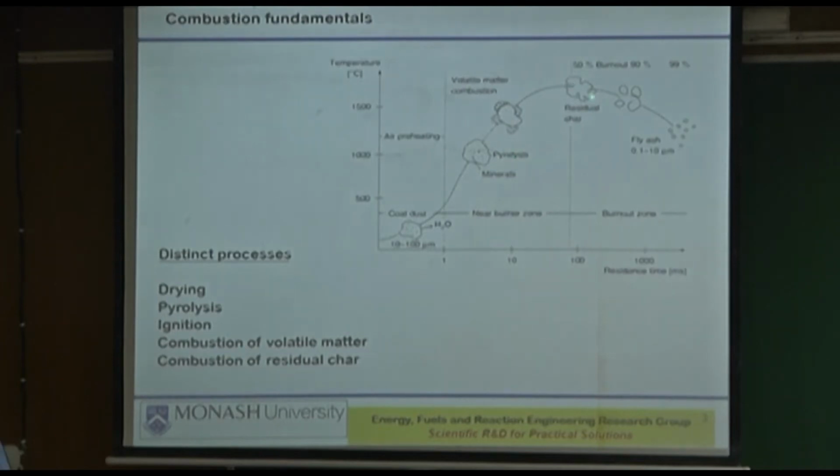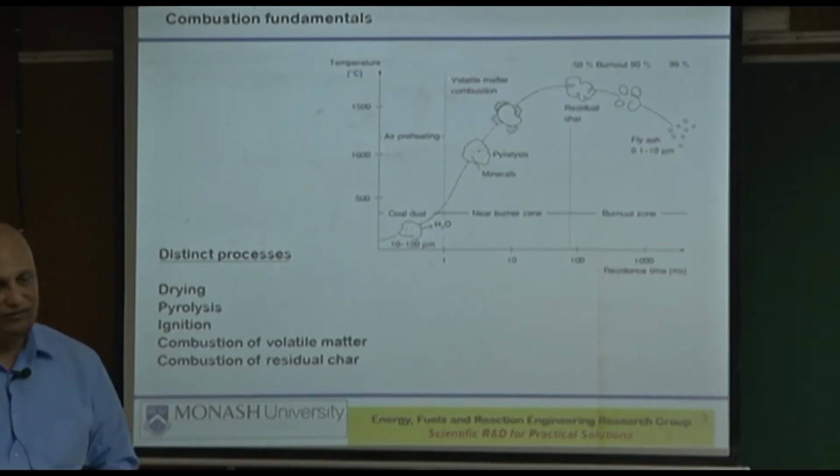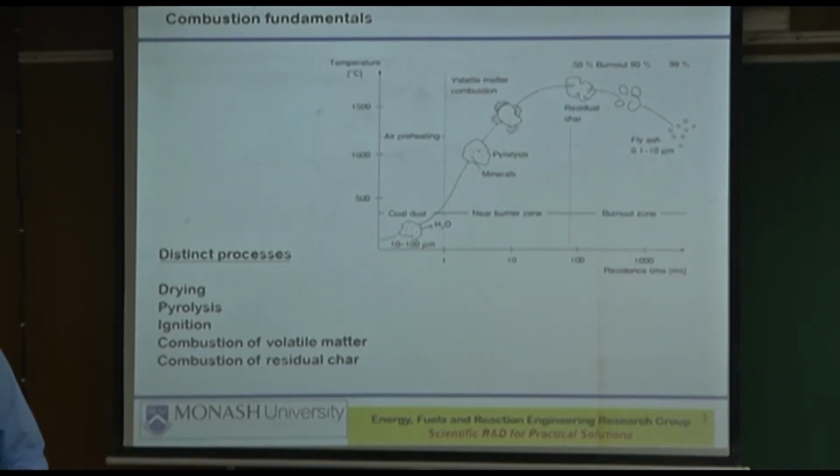And that char has become, as you can see, very, very fractured. It has lost its volatiles, so essentially it has lost 50% of its mass, roughly. That's the typical volatile and the moisture content in a coal particle, more or less 50%. So that's why the 50% burnout, that's where it comes from.